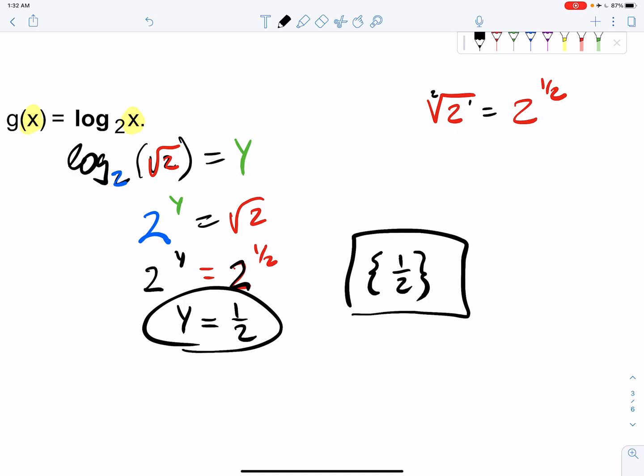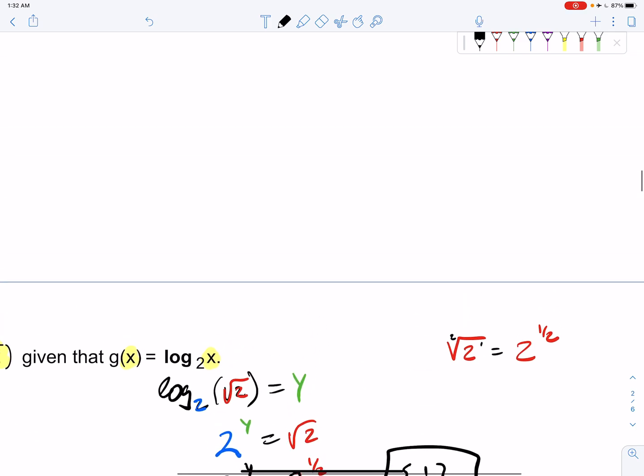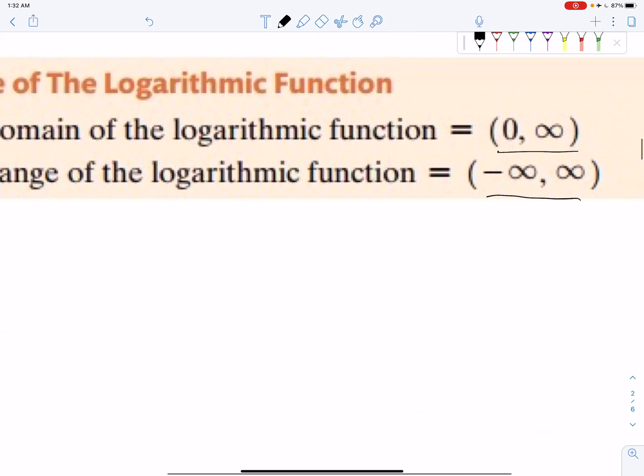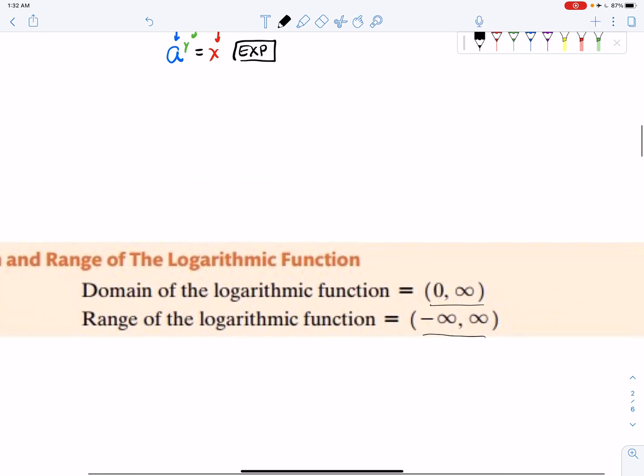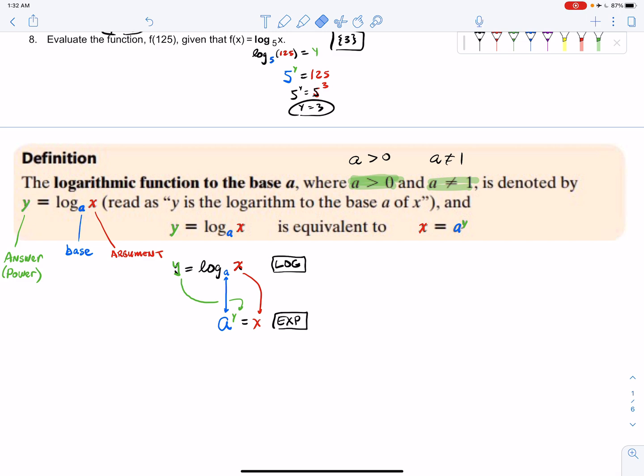Something that we do want to start remembering a little bit here, and that is going back to this definition, that if we're ever solving, like sometimes you might solve for the base a using logarithms, it has to adhere to this whole thing that a must be greater than 0, and a must be not equal to 1.